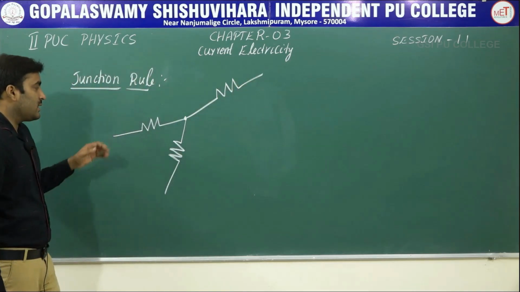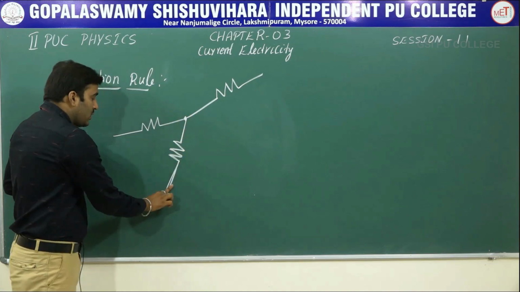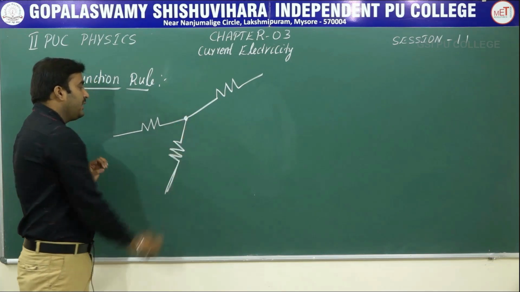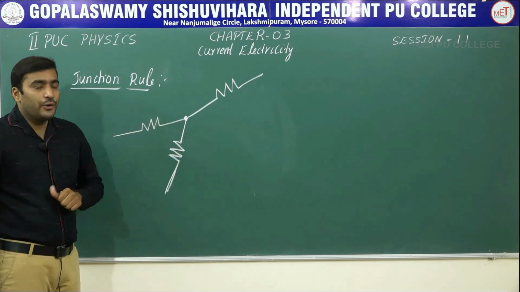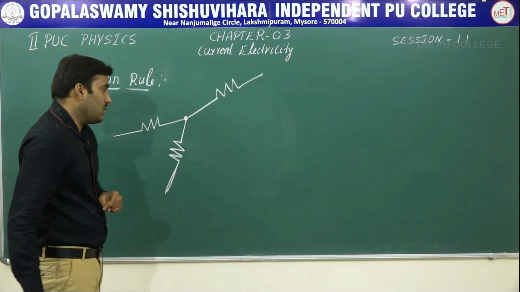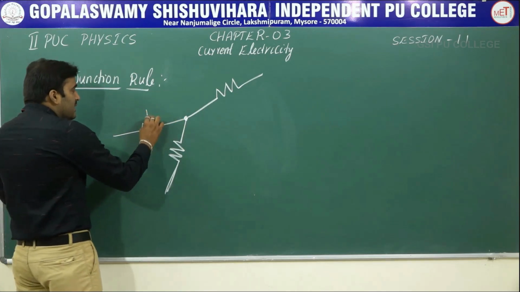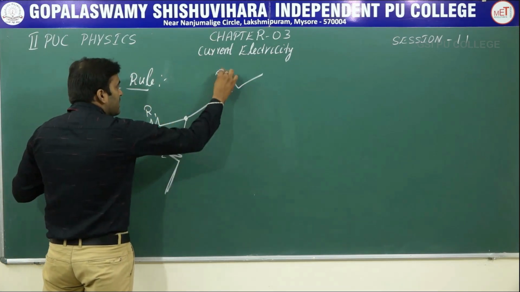You can also consider three conductors joined at this particular end, so this point is called a node or junction. Let us say this is resistor R1, this is R2 and this one is R3.